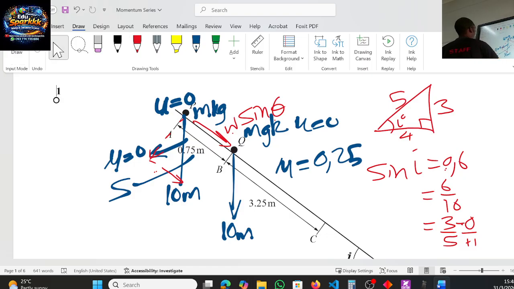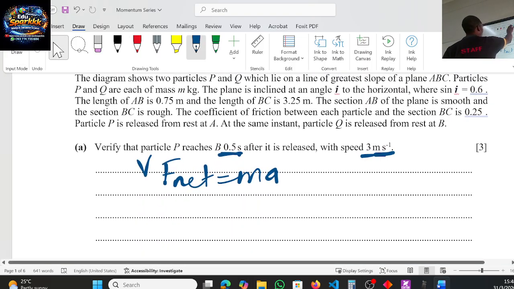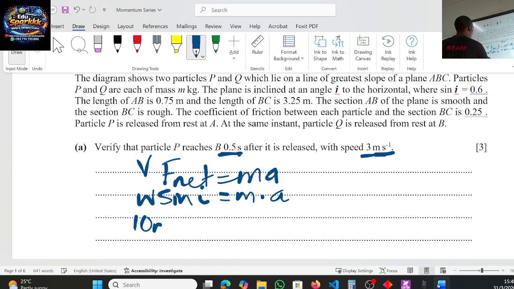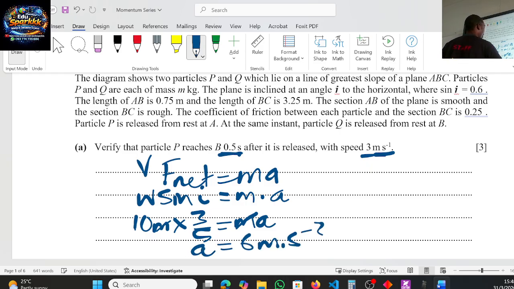So F net, which is W sine I, equals mass m times acceleration a. So 10m times 3/5 equals ma. Our interest is to find a, but there are m's on both sides, so they cancel. And when we check carefully, our acceleration is 6 meters per second squared.